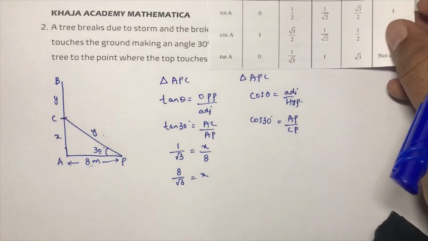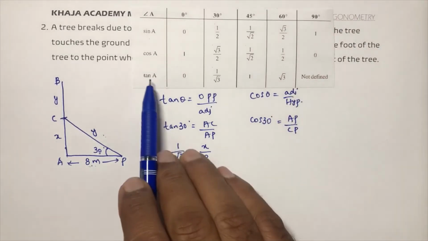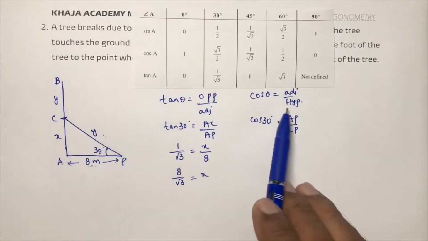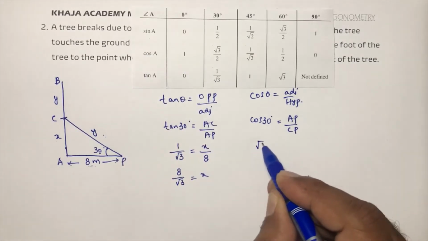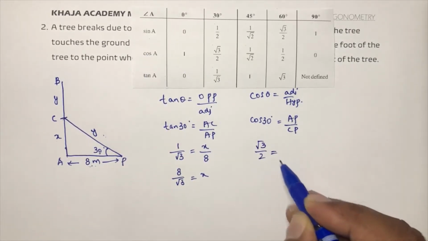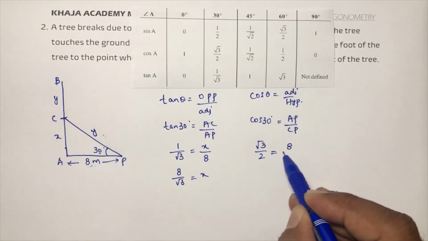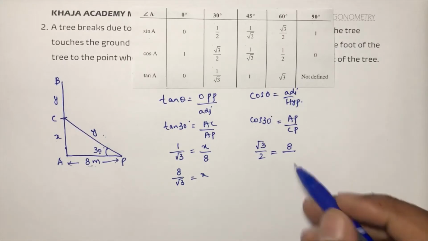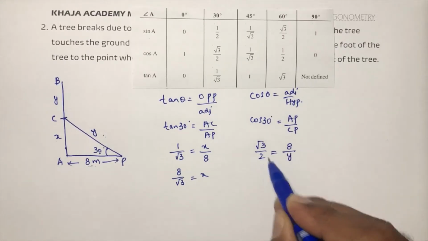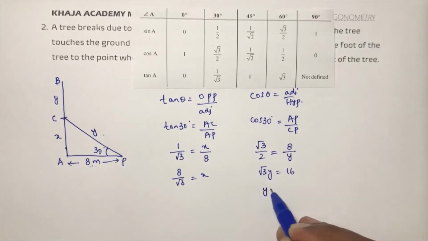So if you remember, directly you can write here, just before I used tan 30 is 1 by root 3 and cos 30 is root 3 by 2. AP is 8 by CP is Y. So if we cross multiply, root 3 Y is 16. So Y value is 16 by root 3.